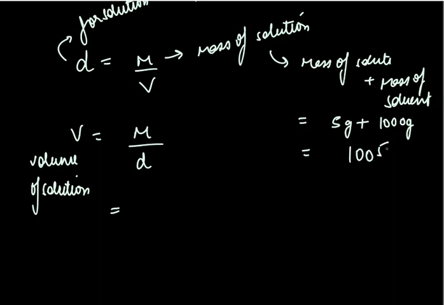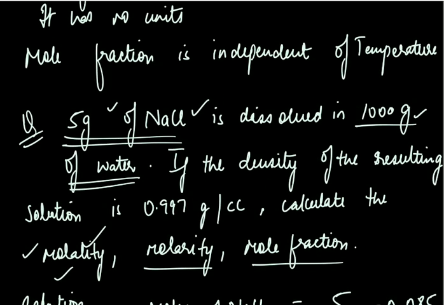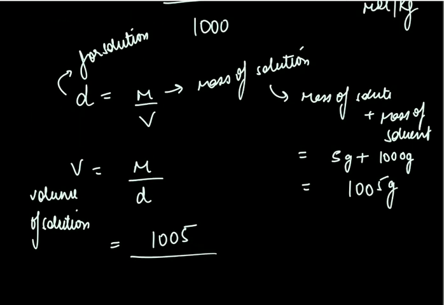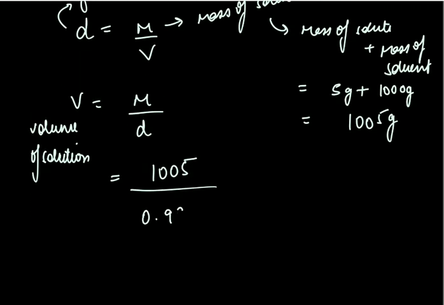So 1005 gram will be the mass of solution, divided by density, which is given over here, 0.997 gram per cc. Now if we divide this value, we will get the volume of solution. So this will be approximately 1008 ml, or we can take it as 1.008 liters.